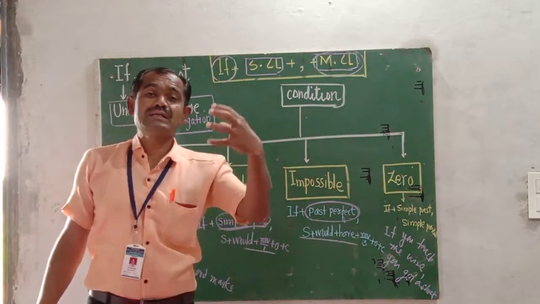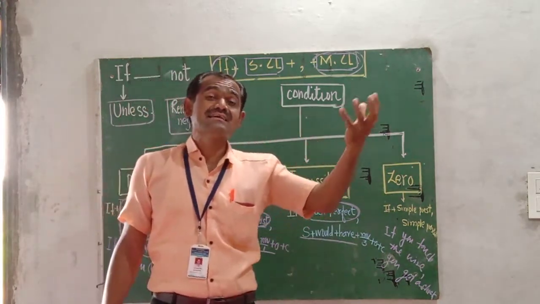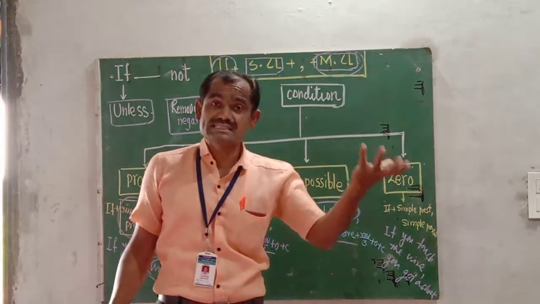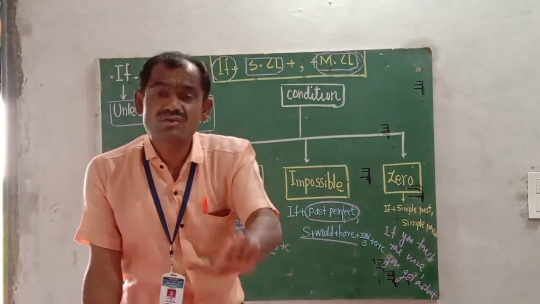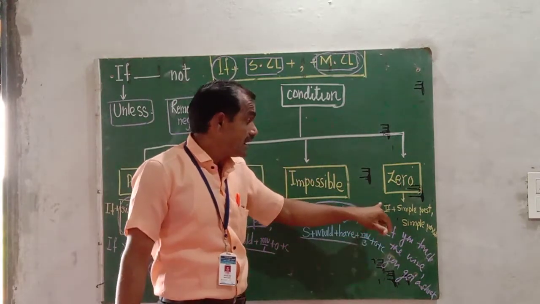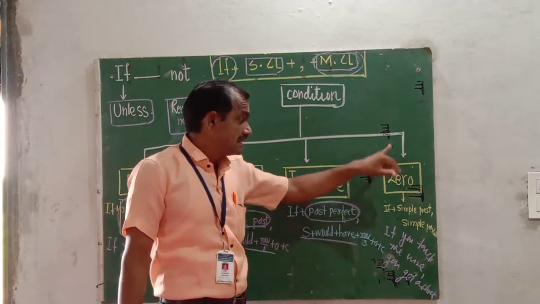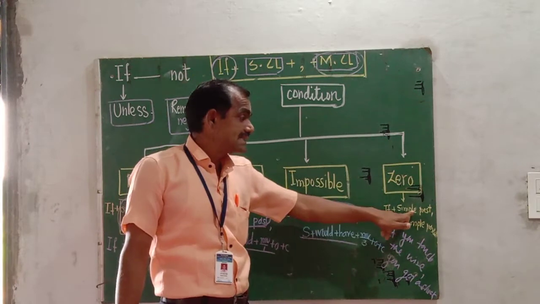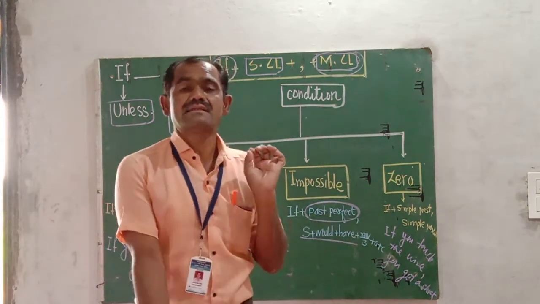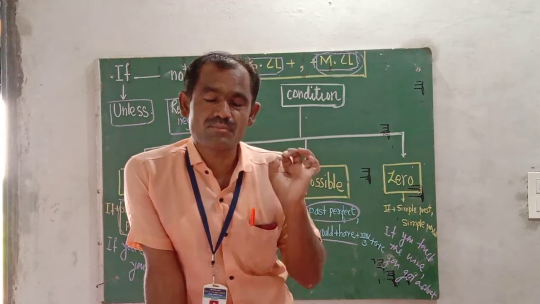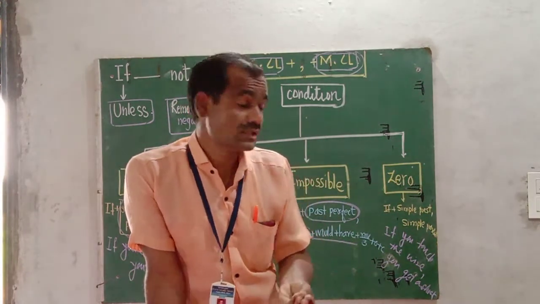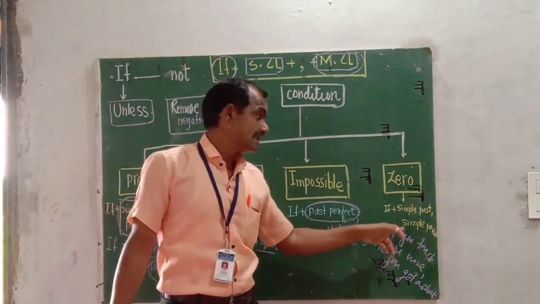If you put ice in the scorching sun, it melts. That is a zero condition. So in the zero condition, the tense of the first clause is simple present and the tense of the main clause is also simple present.